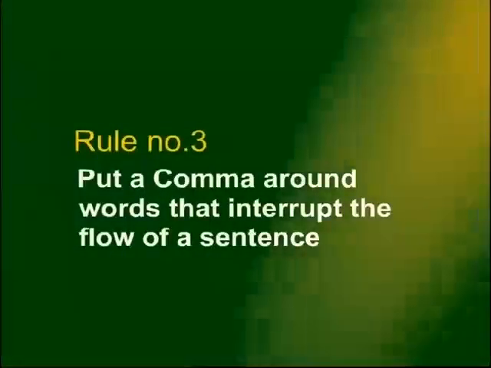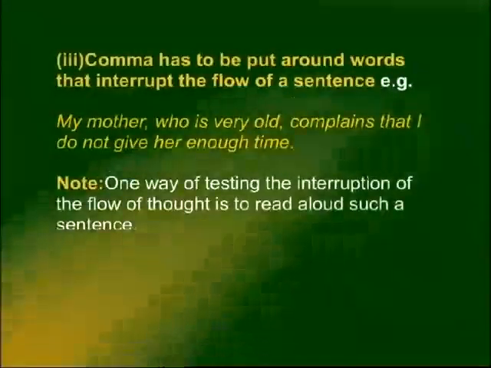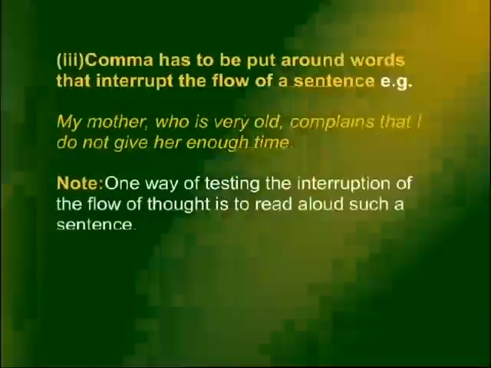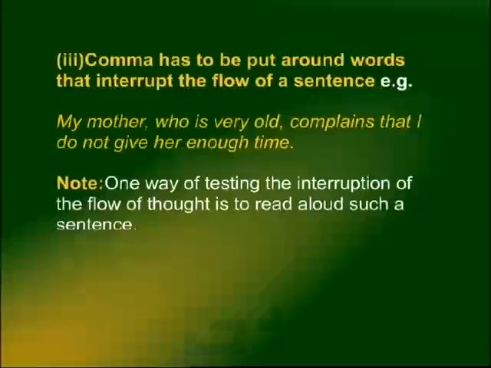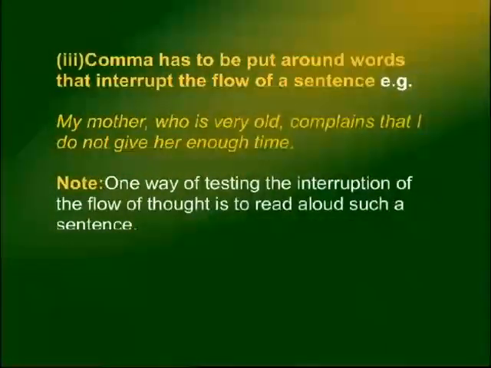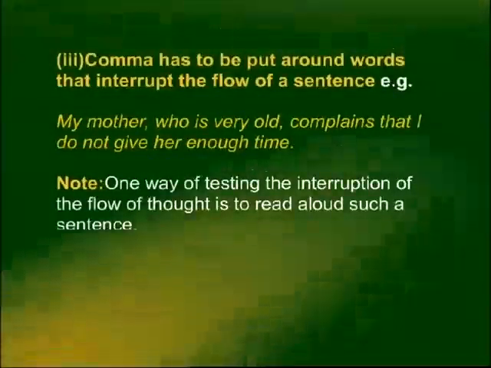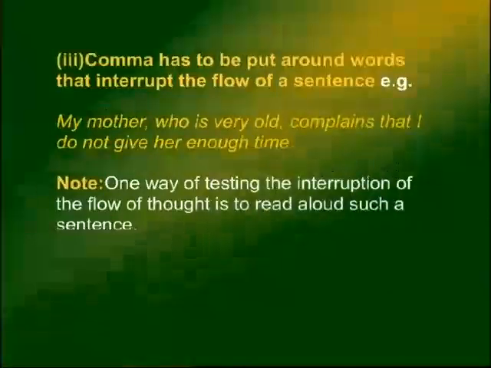Rule number 3. Put a comma around words that interrupt the flow of a sentence. Sometimes sentences contain material that interrupts the flow of thought. Such words or groups of words should be set off from the rest of the sentence by commas. Example: "My mother, who is very old, complains that I do not give her enough time."